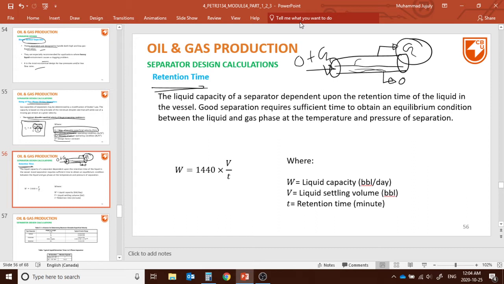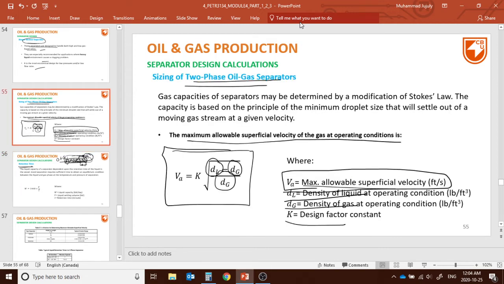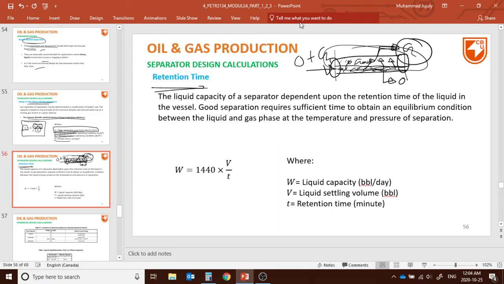After a certain time the dissolved gas in the crude oil will come out, and this empty area of the separator will fill with gas, and the gas will go out. So we will design a separator based on how much volume of gas it can actually handle. That's exactly why we calculate VA first, then we calculate the retention time.